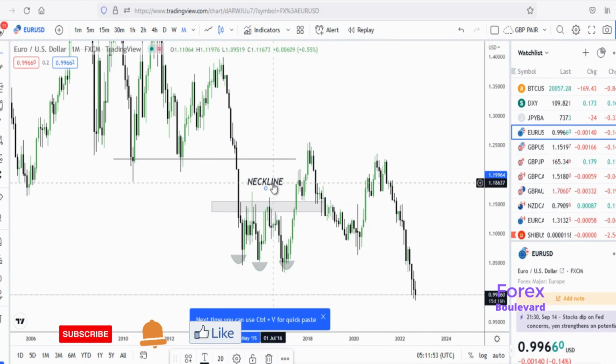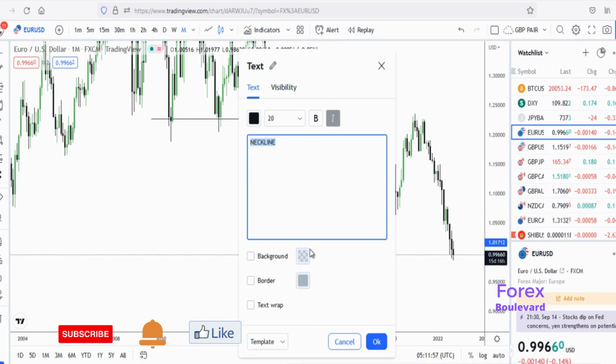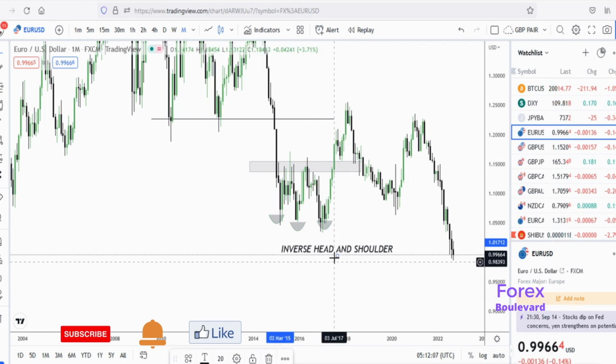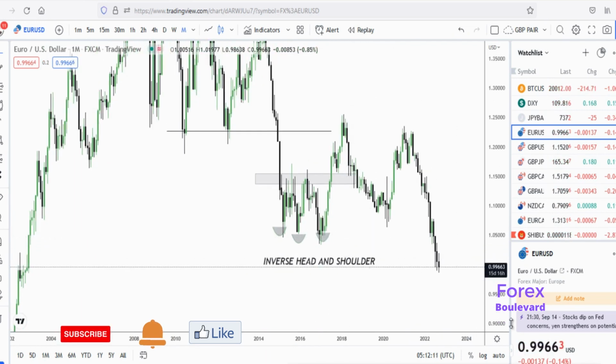Guys, what we're looking at here is kind of an inverse head and shoulder. That's what we're having here, an inverse head and shoulder. Price came all the way down here to the top, and then came here, and then did this, and then came here, and then did this.